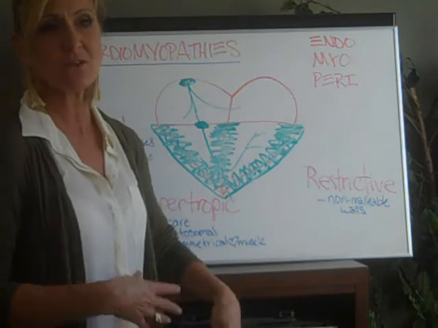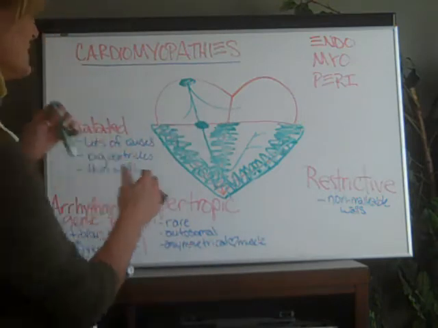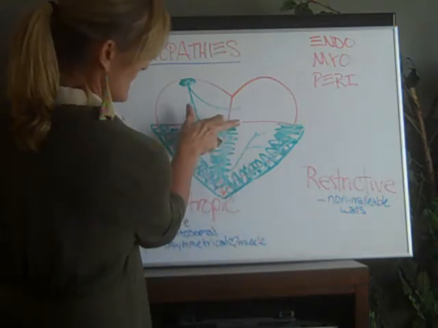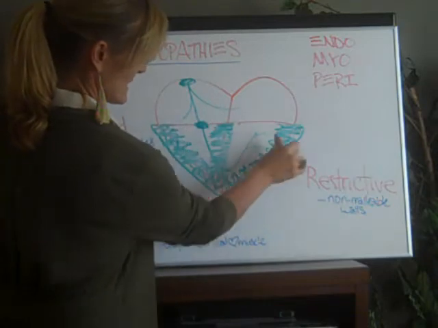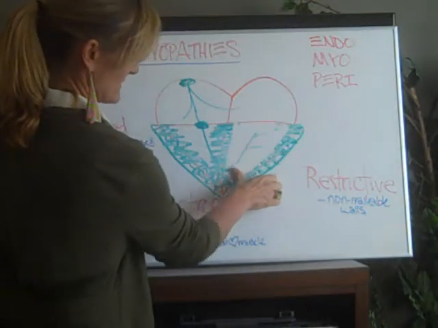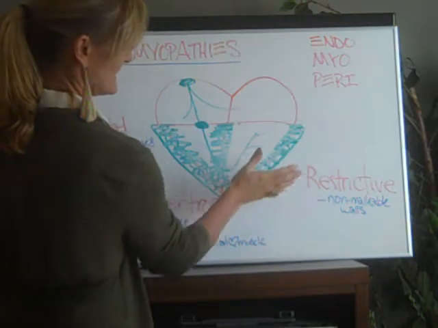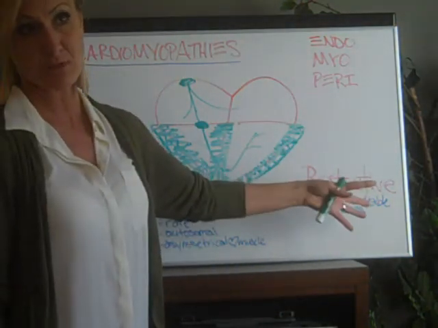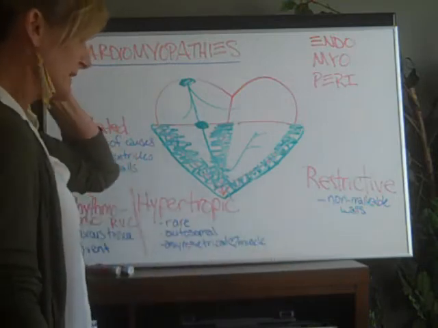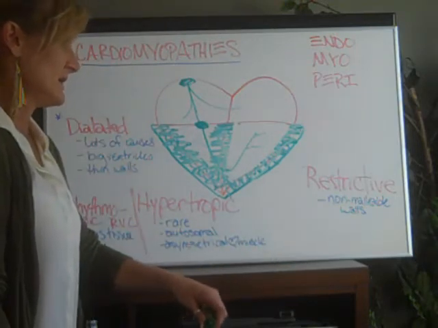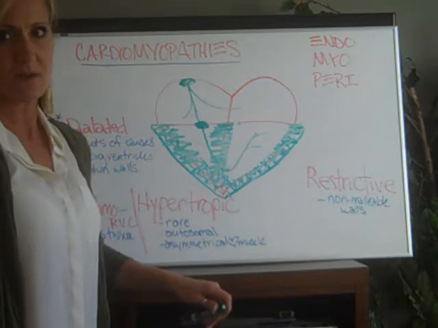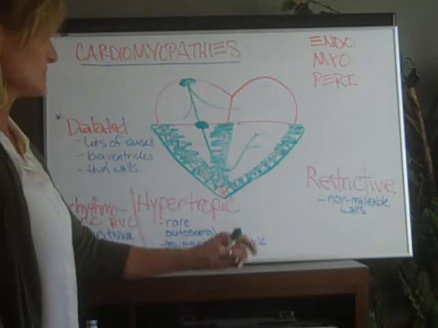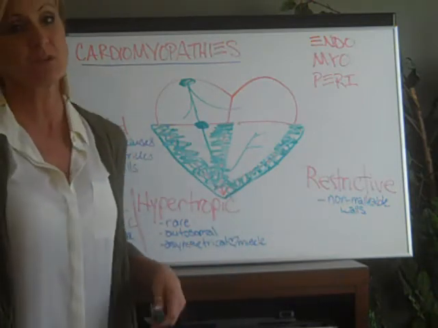There is a procedure where they can go in and scrape some of this out inside the ventricle surgically and open that up for the hypertrophic and the restrictive ones, but that's not always successful, and it's a bigger surgery, so if possible, they put them on a transplant list.